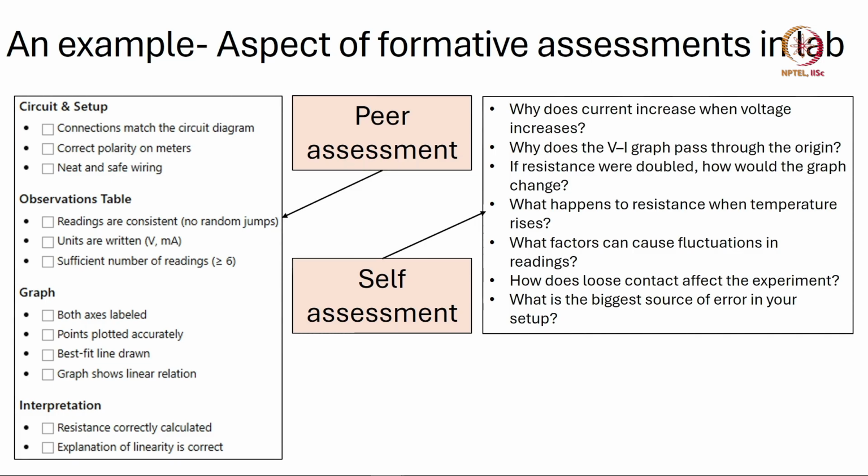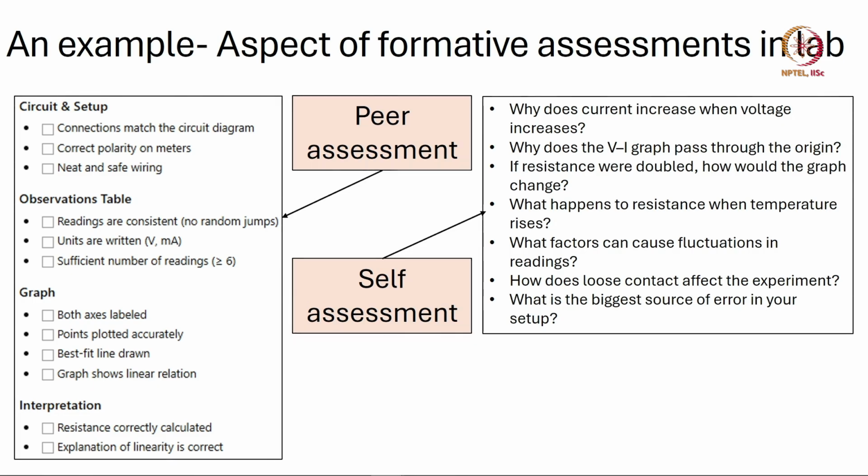If resistance were doubled, how would the graph change? What happens to resistance when temperature rises? What factors can cause fluctuations in the readings? How does loose contact affect the experiment? What is the biggest source of error in your setup? So, all these questions, you are seeing that students are moving from merely procedural knowledge to more of conceptual knowledge and more of metacognitive knowledge.